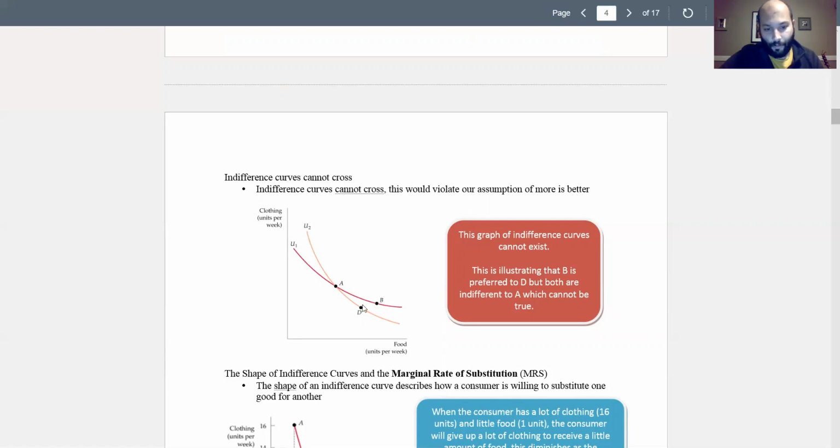Look at U2. That's saying that A and D provide the same amount of satisfaction. So the consumer is indifferent between A and B, and they're indifferent between A and D. That means they must be indifferent between D and B. Well, we can see that that can't be true, because B has both more clothing and more food than D, so it should be clearly preferred. So this is a proof by contradiction that indifference curves cannot cross.